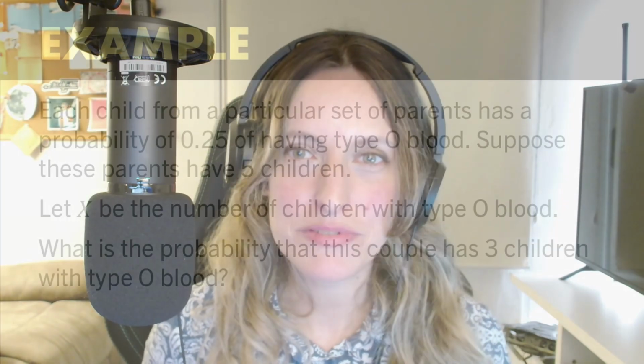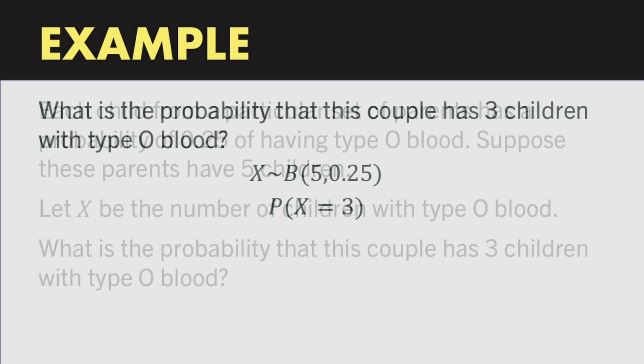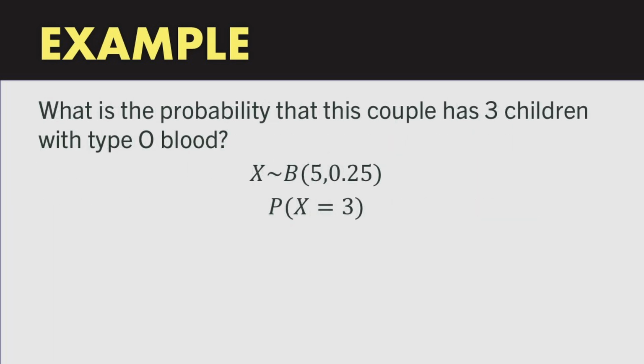Let's do some examples. Let's use the example about the types of blood. Let's say we want to calculate the probability of this couple having 3 of their 5 children with type O blood. In this case, then we have the total number is n, the probability of success is 0.25, and the number of successes I'm looking for is 3, exactly 3.